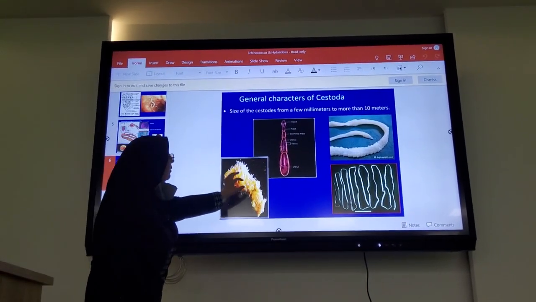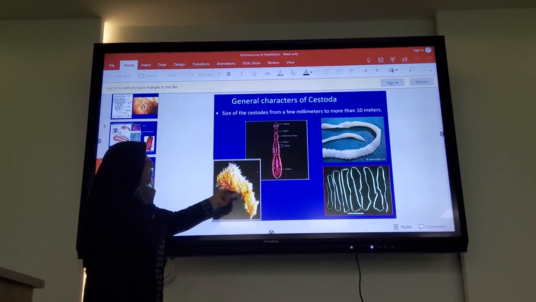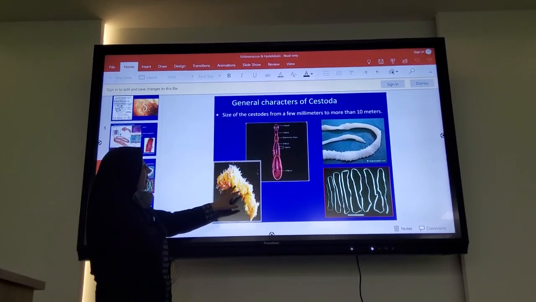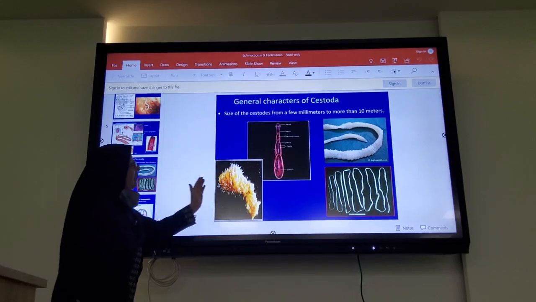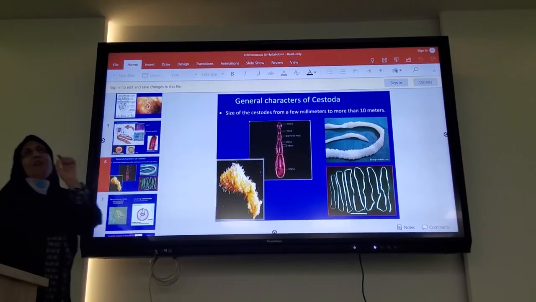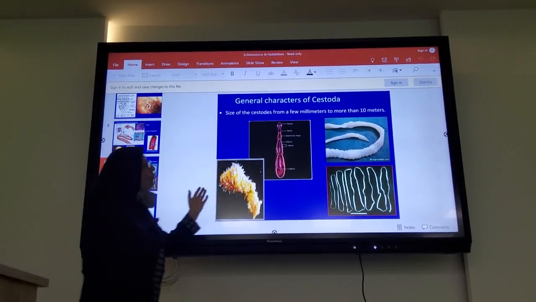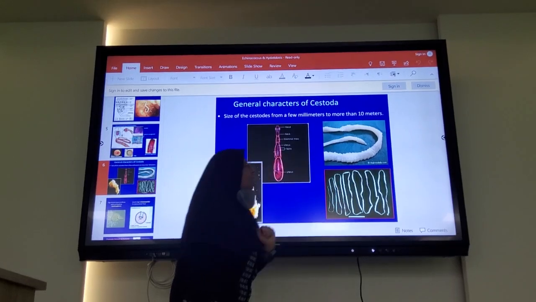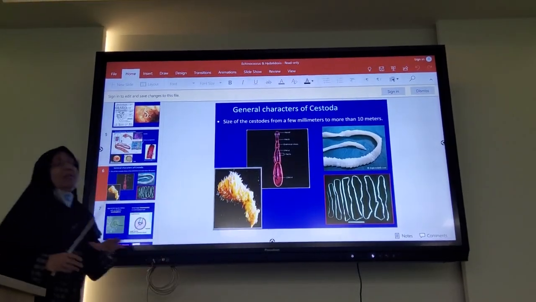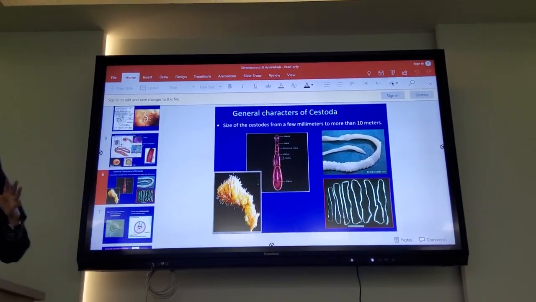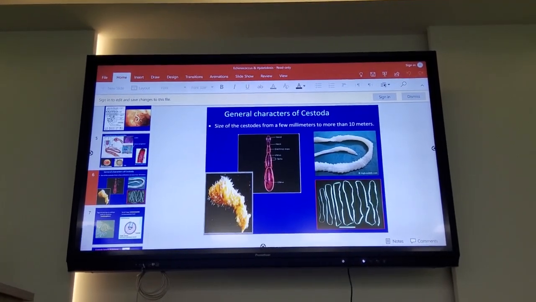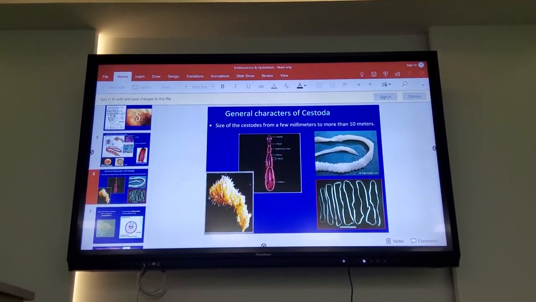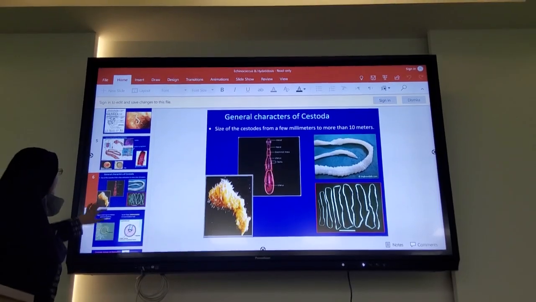When this tapeworm is just a few millimeters, thousands of the parasites can live in the intestine of definitive host. We have cystodes from a few millimeters to more than several meters, okay? When the legs is too large, like Tinea saginata, they are usually just one adult living in the human intestine.